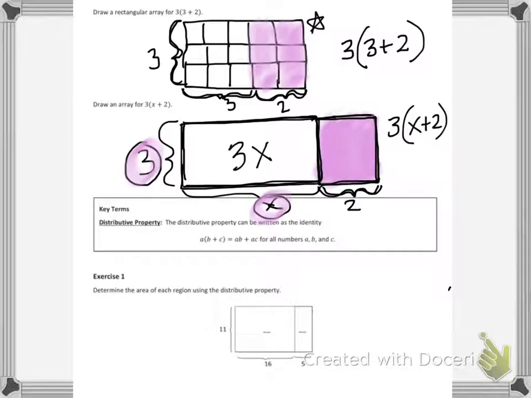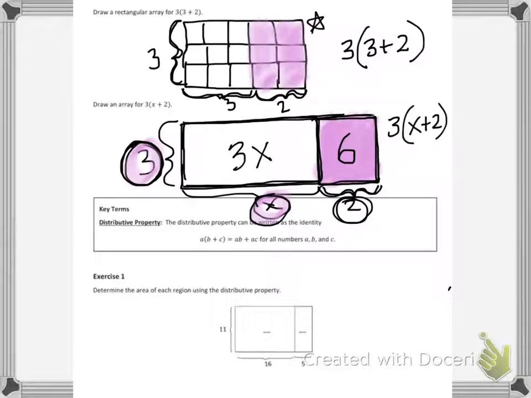Now the area of the purplish or lavender rectangle is 3 times 2, which is 6. So here we go. Each area is now represented by a term, and we've used the dimensions of the rectangular array to determine these terms.